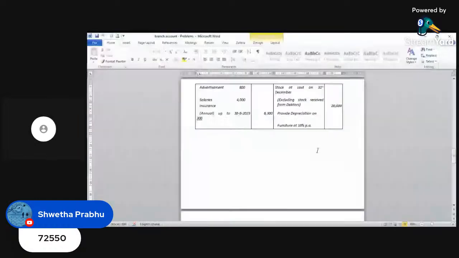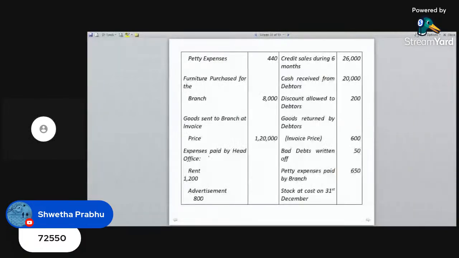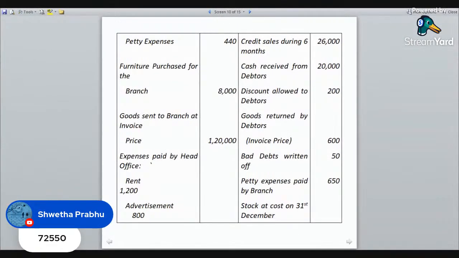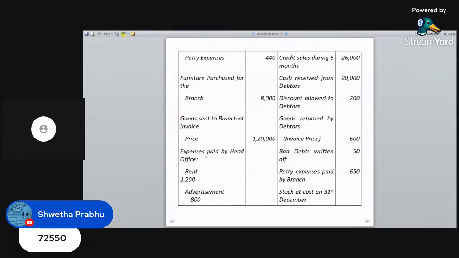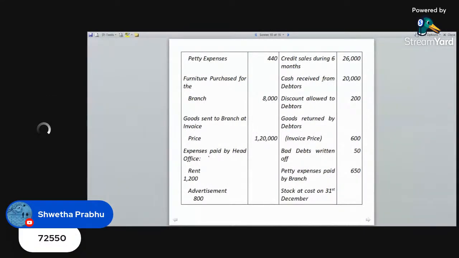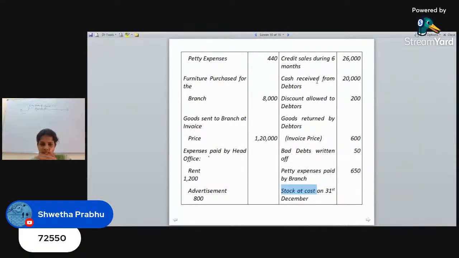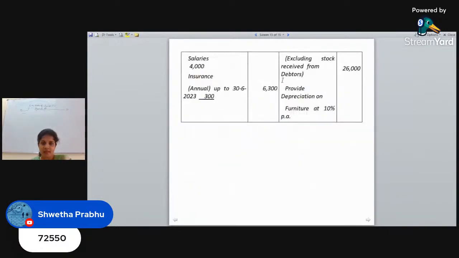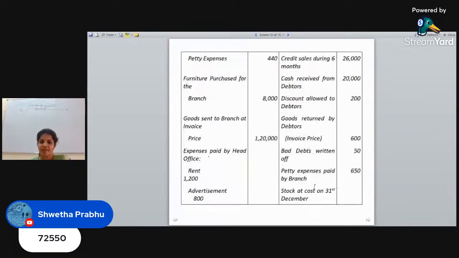But look here, dear students, in the problem there is one point you have to look at: stock at cost. Stock at cost on 31st December 2022 is at cost value, not at the stock value.